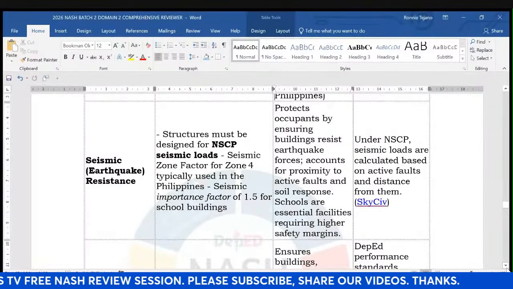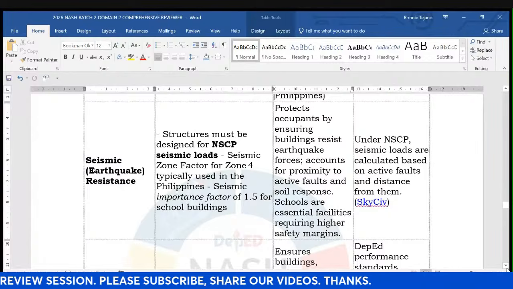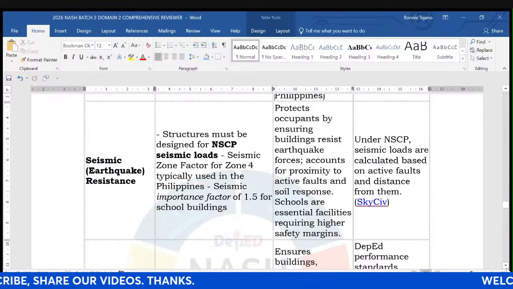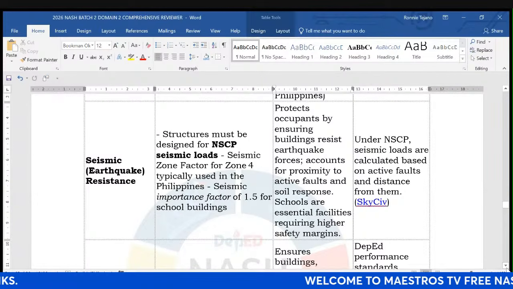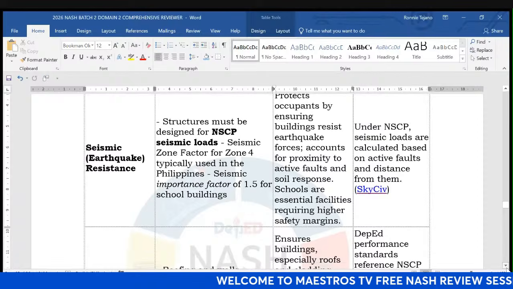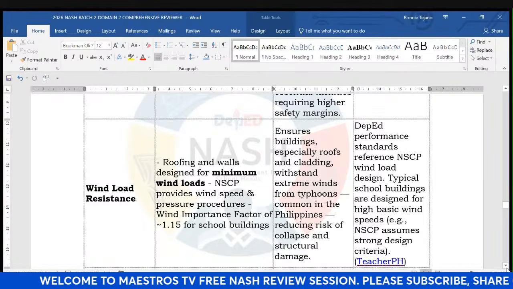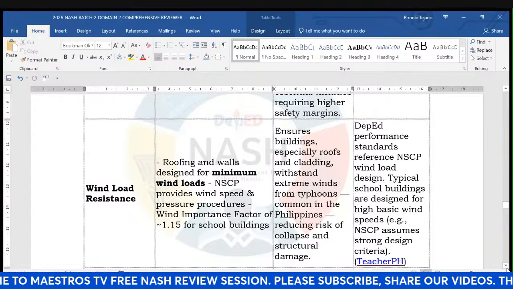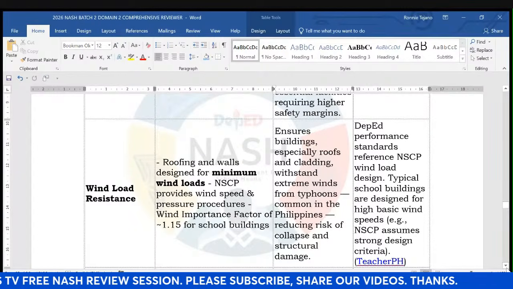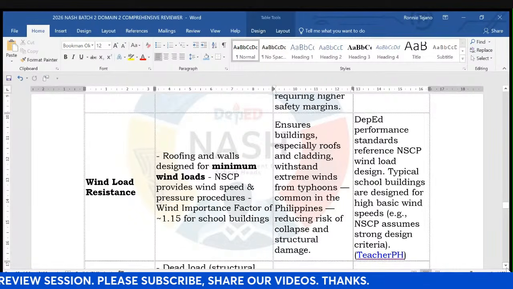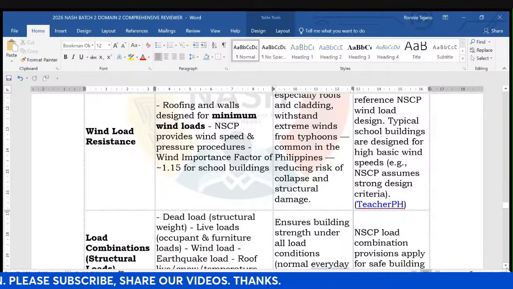Structures must be designed for NSCP seismic loads. The seismic factor for Zone 4, typically used in the Philippines, have an importance factor of 1.5 for school buildings. For the roofing, with a minimum wind loads, no? And the wind importance factor of 1.15 for school buildings.